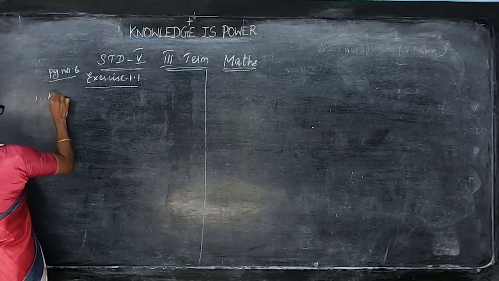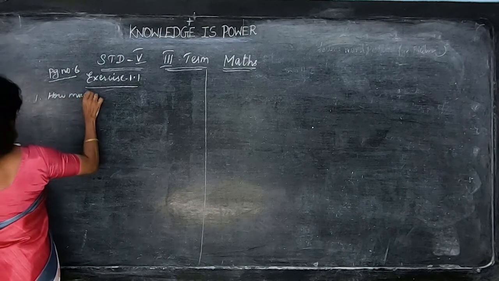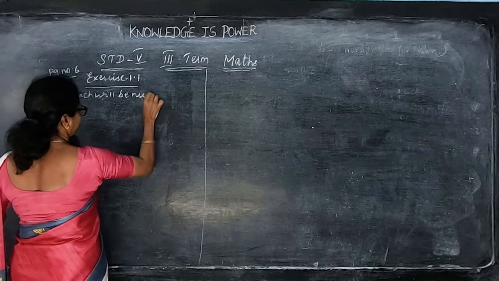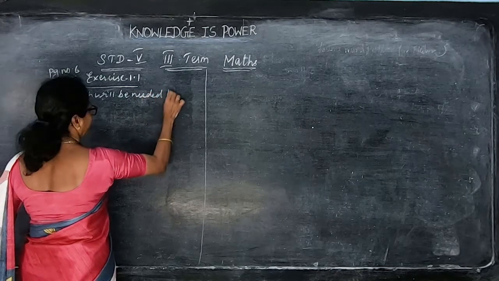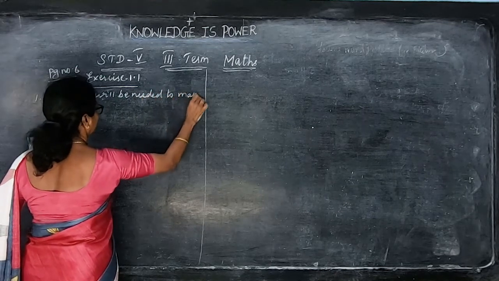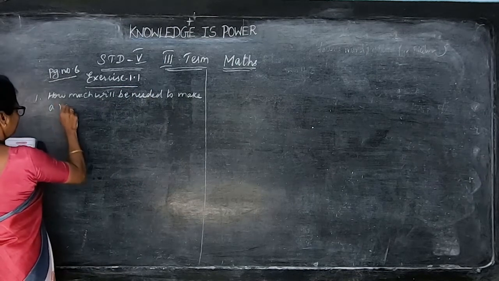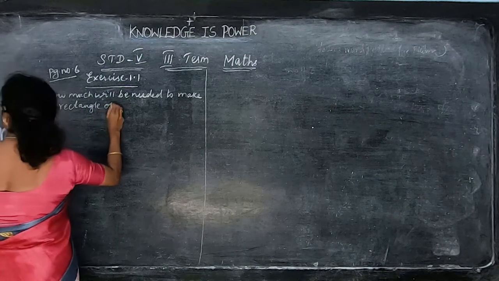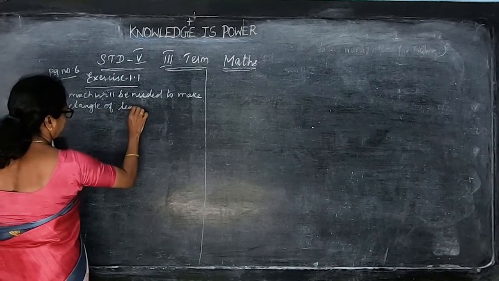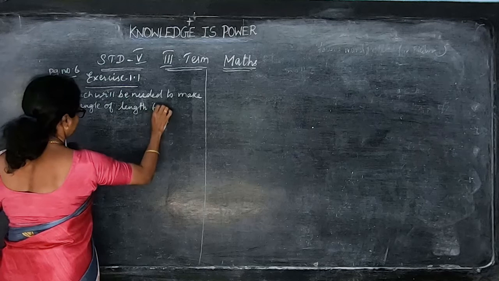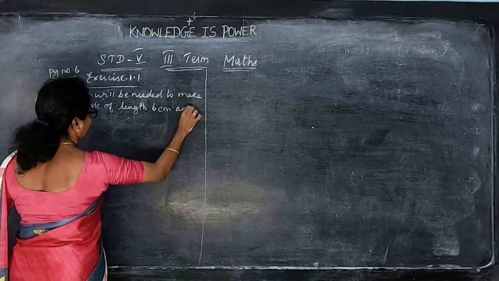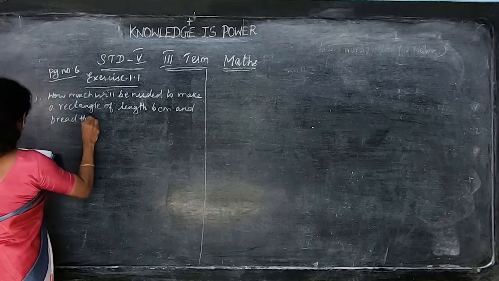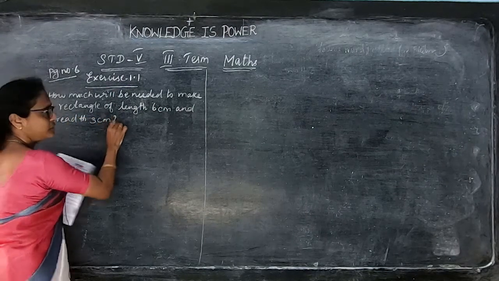So, how much wire will be needed to make a rectangle of length 6 centimeter and breadth 3 centimeter?